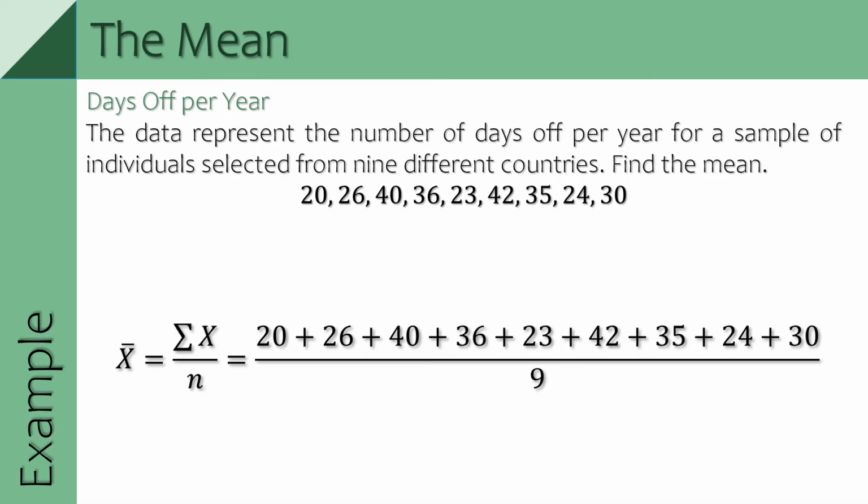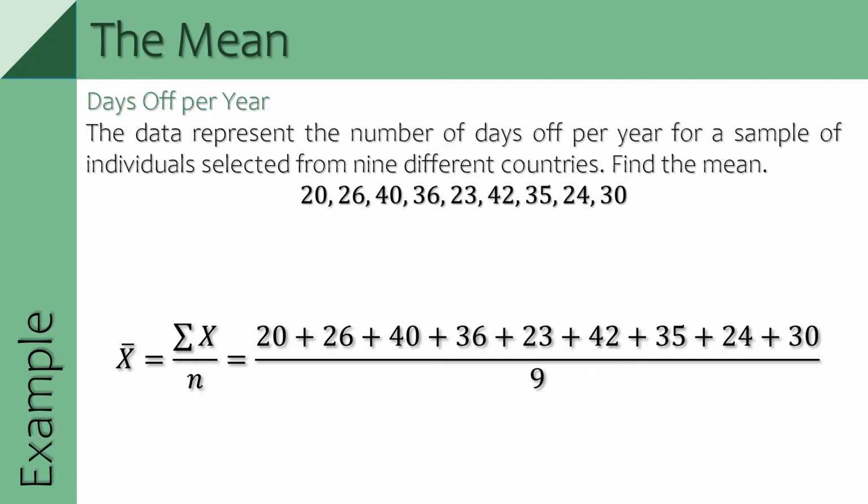Let's get the mean. So we have x bar equals the summation of x all over n. That is equal to 20 plus 26 plus 40 plus 36 plus 32 plus 42 plus 35 plus 24 plus 30 all over 9.